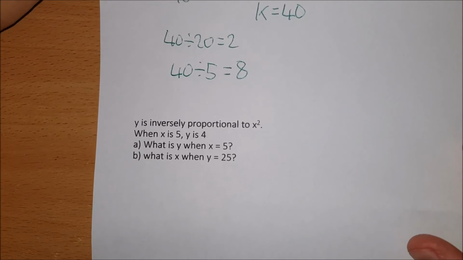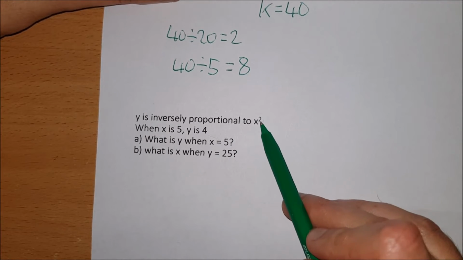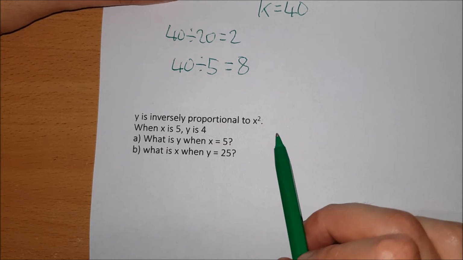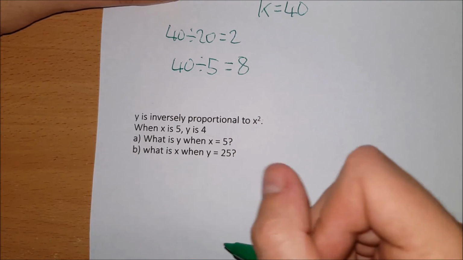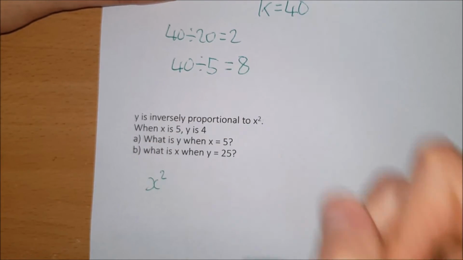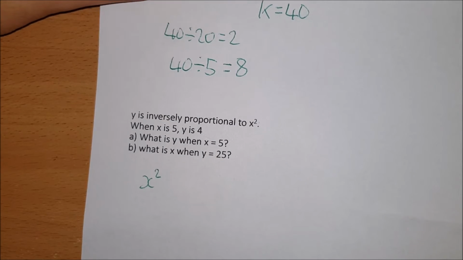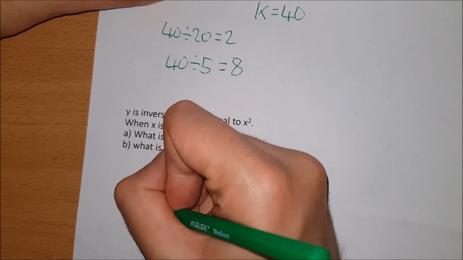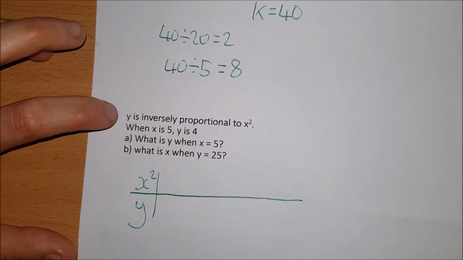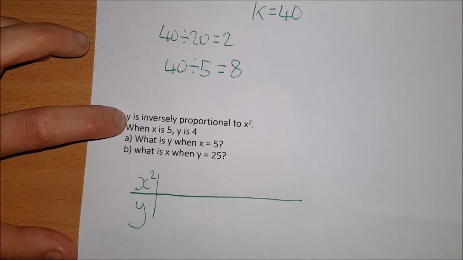Now in the previous video we looked at one where it had a square as well. But it's a bit easier when it's inverse because we don't need to do any dividing or anything to find the link. So instead of putting x in there, we just put x squared and y. And having drawn up our table, we can use the information. When x is 5, y is 4.